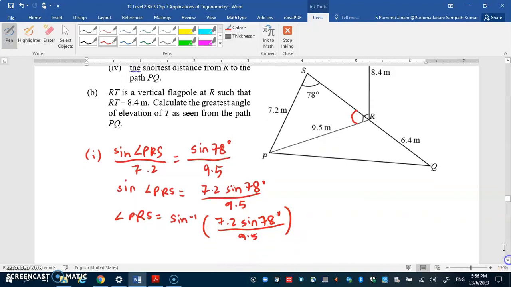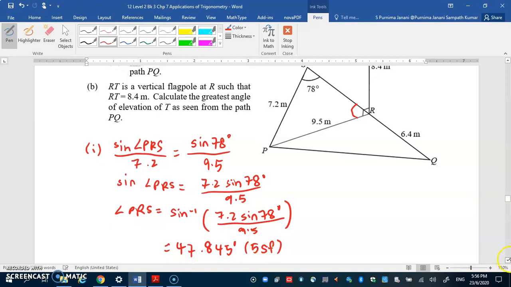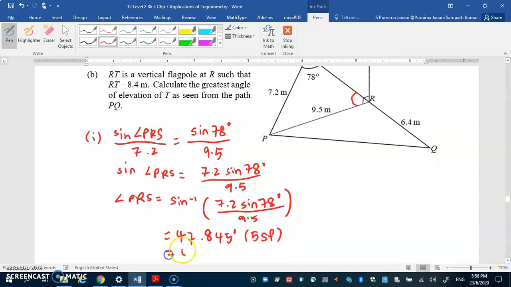Press calculator and you'll straight away get the answer. 7.2 times sine 78 divided by 9.5. Then you take sine inverse, you should get 47.845 degree. Write the 5 SF value first and then the 1 dp, so the answer is 47.8 degree to 1 dp.